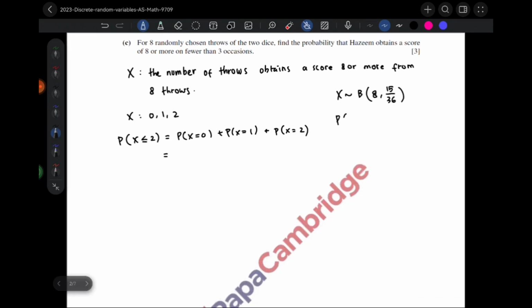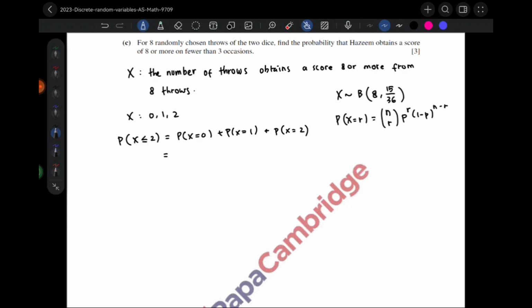And remember the formula, probability of x equals r is nCr times p to the power of r times 1 minus p to the power of n minus r. Probability x equals 0 means they are always scoring 7 or less.